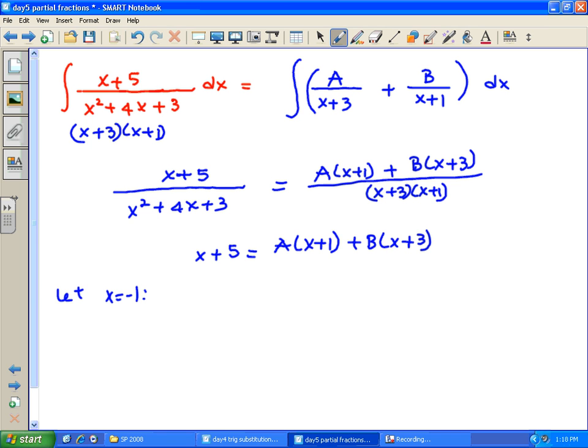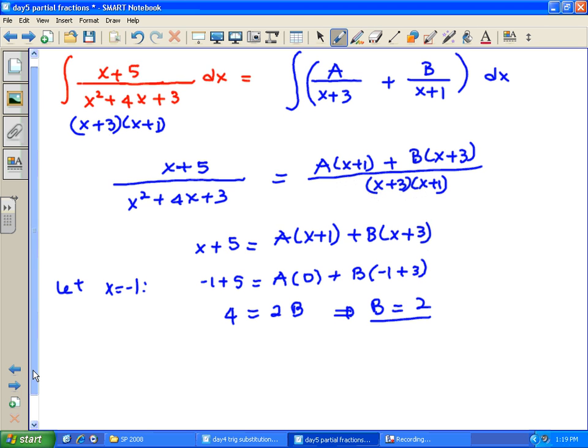So you get negative 1 plus 5, which is 4. a times negative 1 plus 1 is 0, so that disappears. Plus b times negative 1 plus 3. So let's simplify this. Negative 1 plus 5 is 4. 0 plus b times 2. From here, what do we get for b? 2. That's the first find.